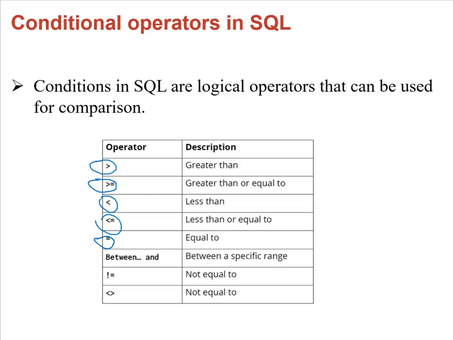And then you can also check if a particular column or value falls in between a range, so you use between for that. We'll see how that works. And if you want to check if something is not equal, you add this exclamation with the equal sign. These two are the same, but I'll be mostly using this exclamation with the equal sign for the not equal to condition.